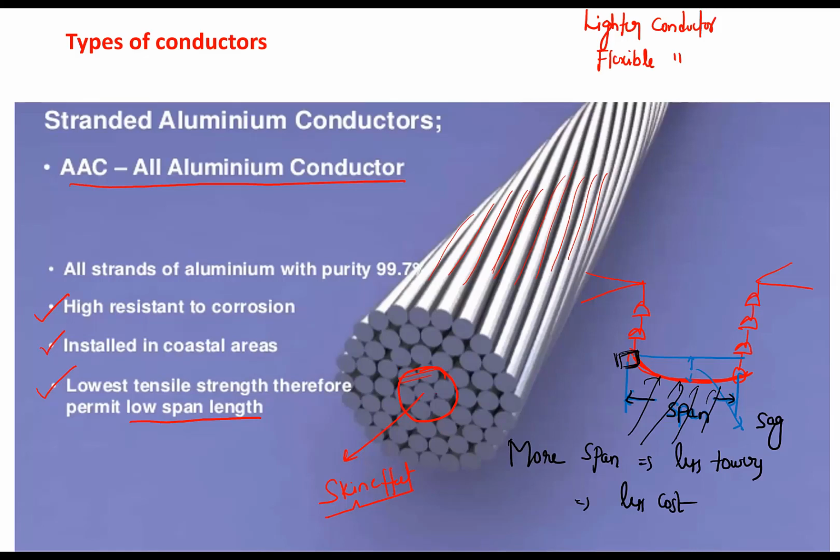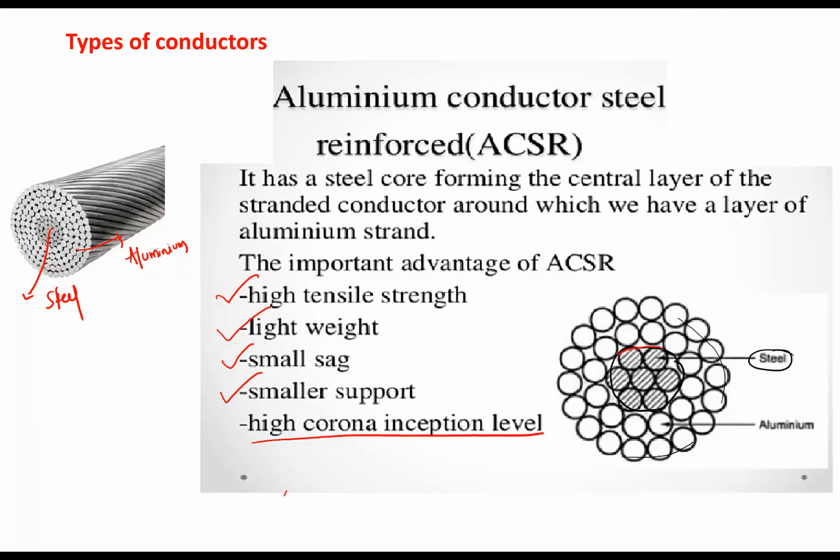Anyhow, current will not flow in the inner strands. So instead of using aluminum, we can use a material which has lesser conductivity like steel. So this steel not only saves the aluminum material, but also gives the mechanical strength. So it is a better utilization of the aluminum material. Okay.